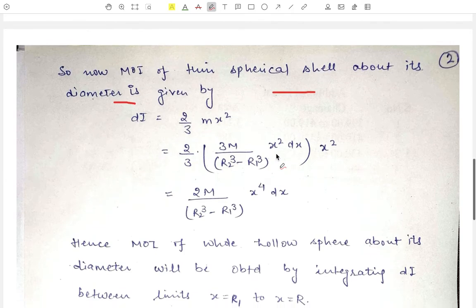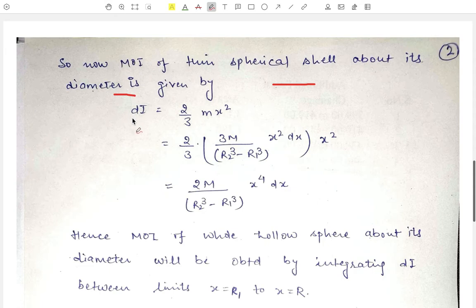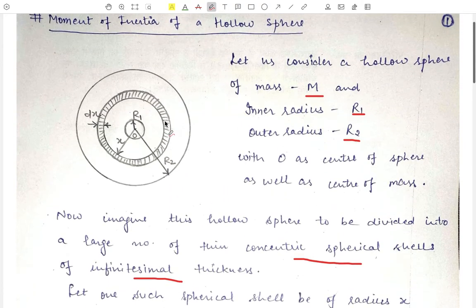Now, by integrating this small moment of inertia, we can get the moment of inertia of the whole hollow sphere. The limits of integration will be the values of x from the minimum value to the maximum value. The smallest spherical shell can be made of radius r1, therefore the lower limit will be r1, and the upper limit will be r2, because the largest spherical shell that can be made from this hollow sphere is of radius r2.